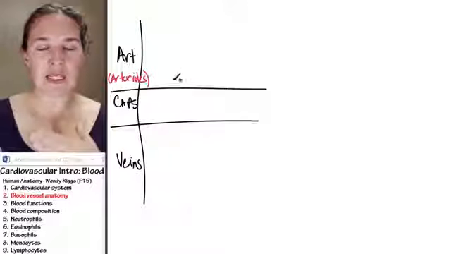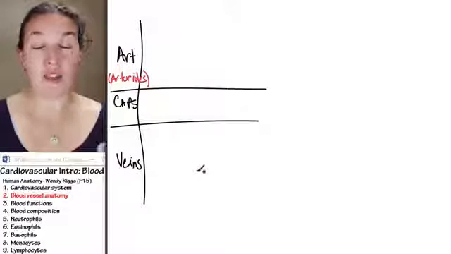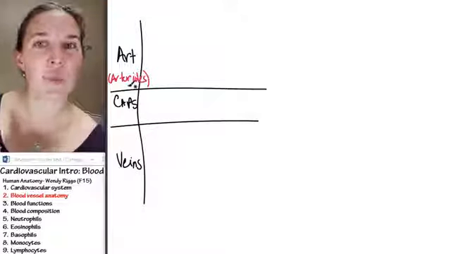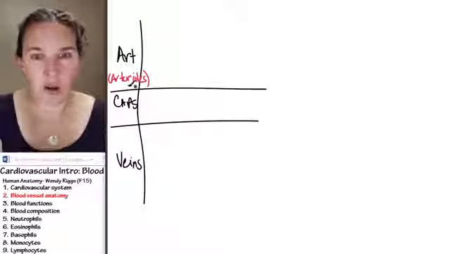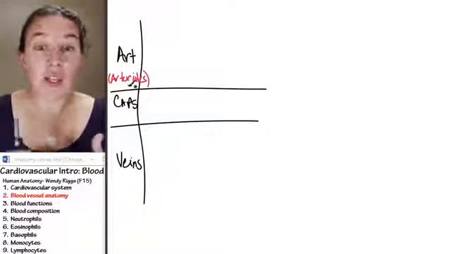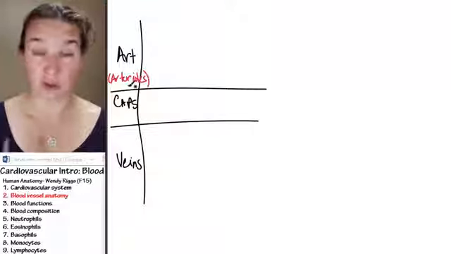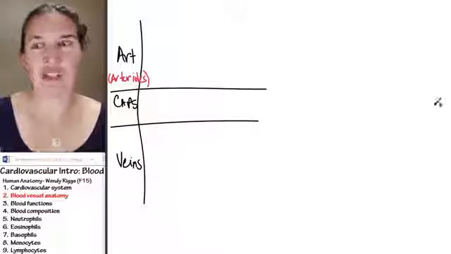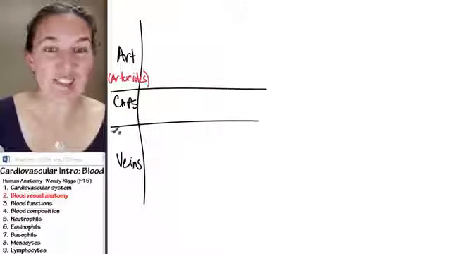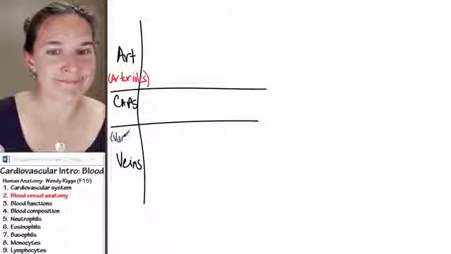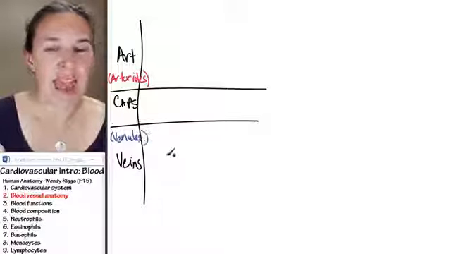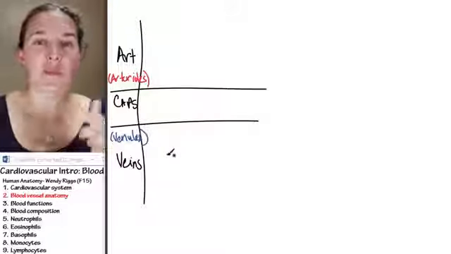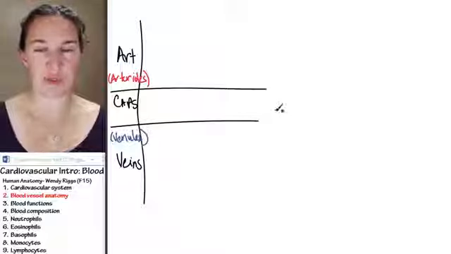However, I'm not going to explicitly put them on my chart, because they're just an in-between transition between arteries and capillaries. And what you'll see is capillaries are super different from everybody. Arteries are different, and veins are different. And then you can imagine these arterioles and these venules as varying degrees of transition between each of these bigger groups.